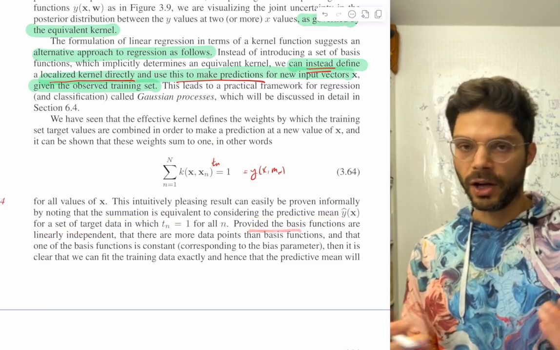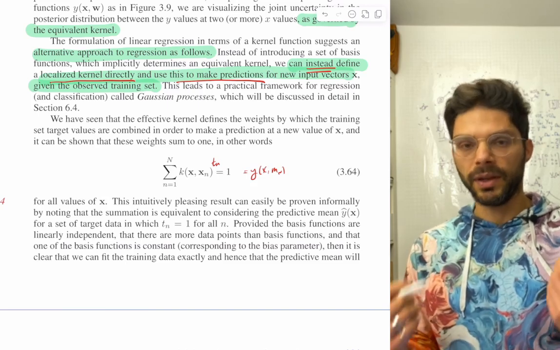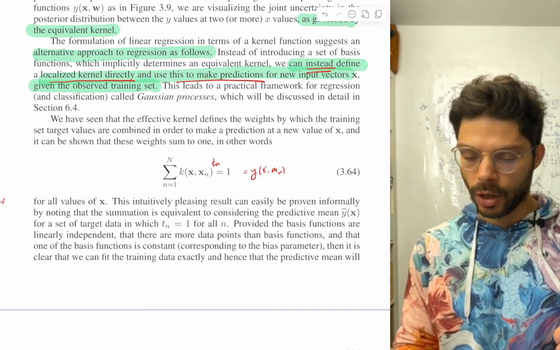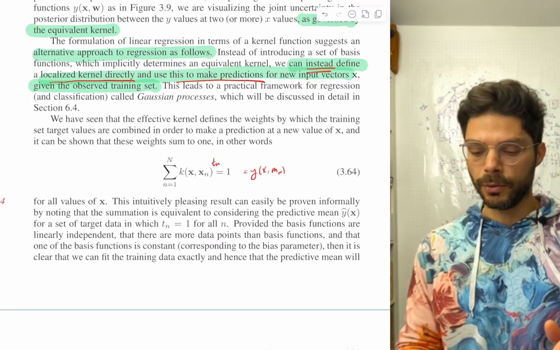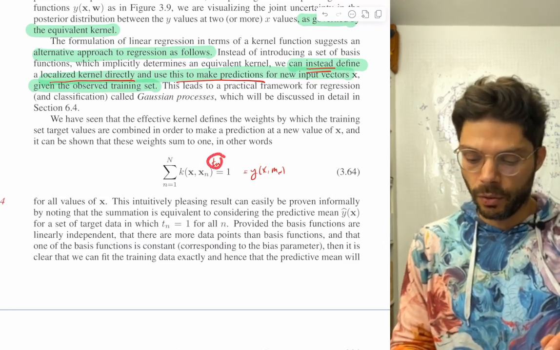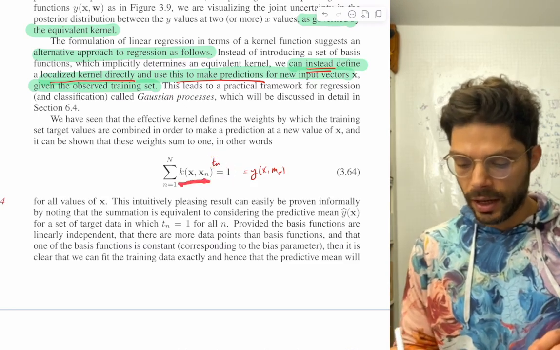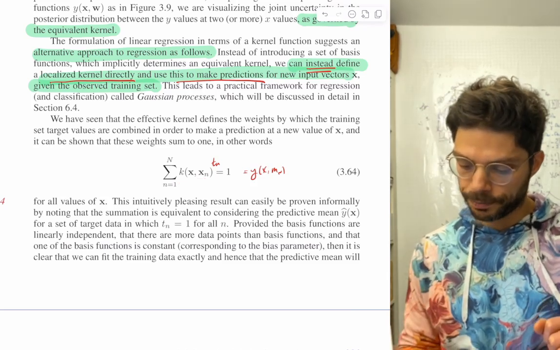Essentially, as long as your basis functions are rich enough to fit that situation, you can add more basis functions as you need them, then you'll always be able to solve this. For data that's equal to 1, you will be able to fit it exactly, so this will have a solution, and that means the sum of your kernels will be equal to 1.